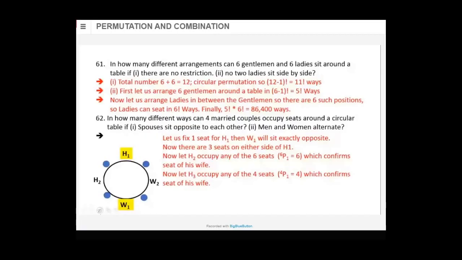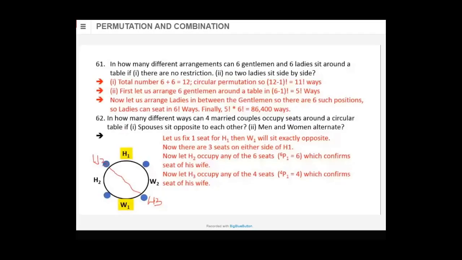Now I'm not showing in the diagram. Now you know what it is. One of the seats is occupied. Let's say this side, let me take H3 occupies this seat. Any seat he can occupy out of the 4. So let's assume he is occupying 3. H3 is occupying. So opposite of this is this opposite. So W3 has to occupy this 6.